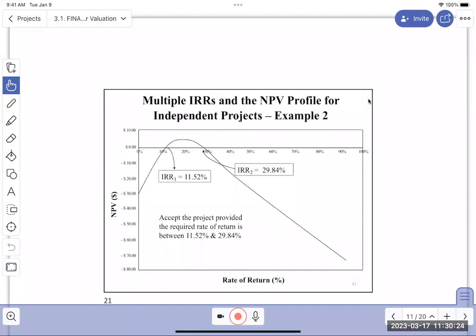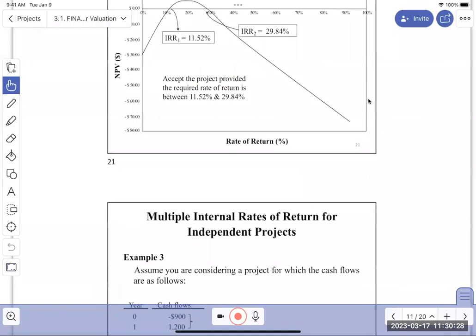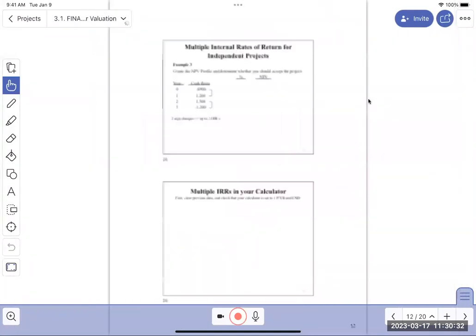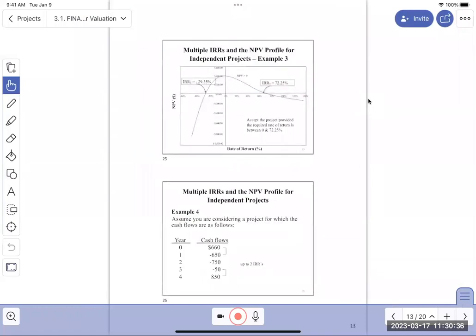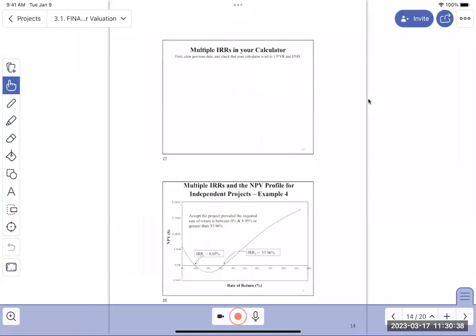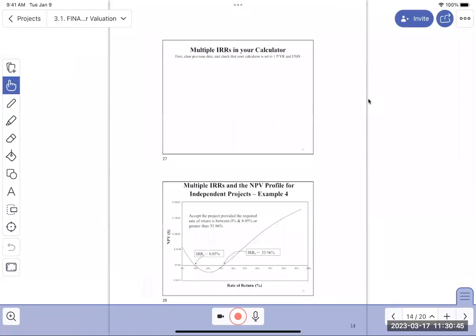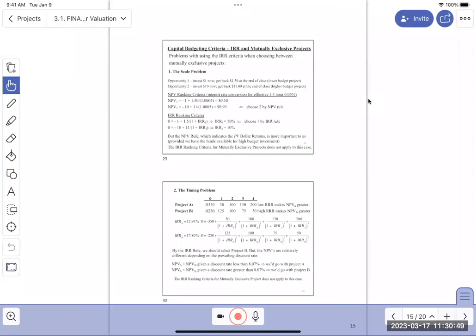Like I say, watch the videos, work through these problems along with me. And here's another one that you can practice with the NPV profile. Here's the drawing. So I give you a lot. Okay, so work on those. And that brings us here.